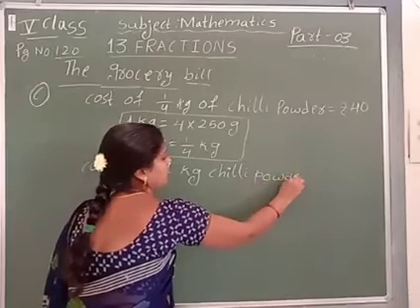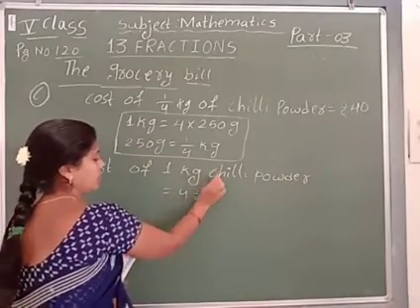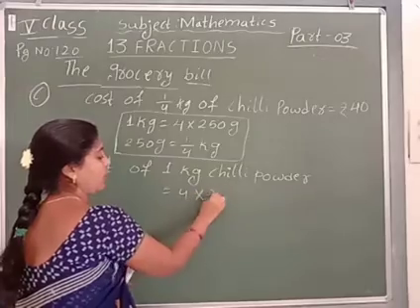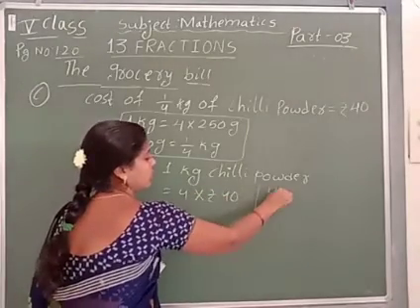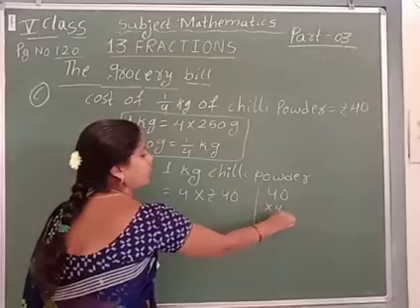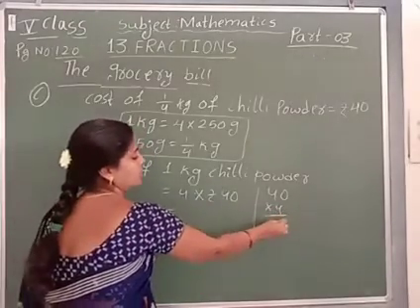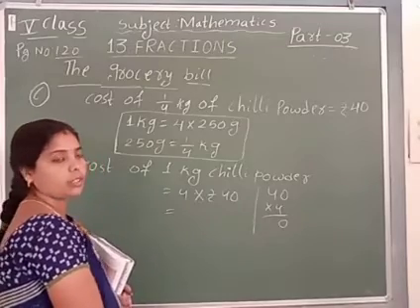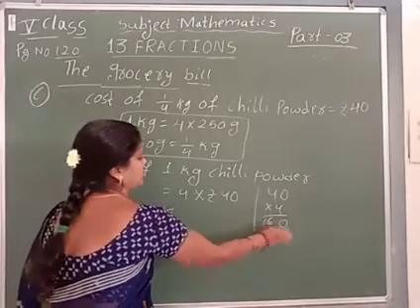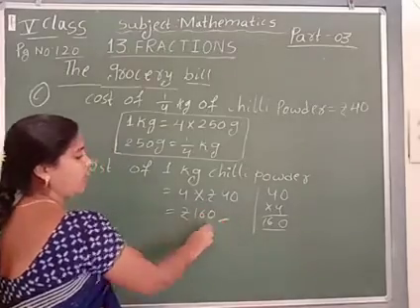How much is it? 4 into 40 rupees, 40 into 4. 0 4s are 0, 0 into any number, 0 only comes. 4 4s are 16. So 160 rupees. This is the answer.